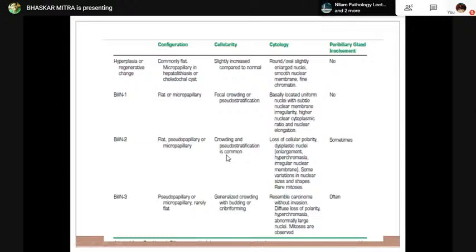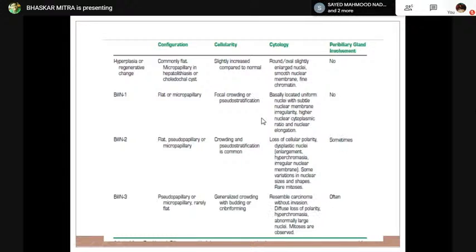Now BilIN 2 shows loss of cellular polarity, more hyperchromasia, and more cellular atypia. And BilIN 3 has pseudopapillary or micropapillary architecture, almost looking like carcinoma without any invasion.